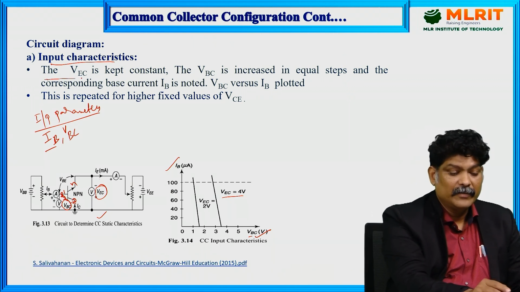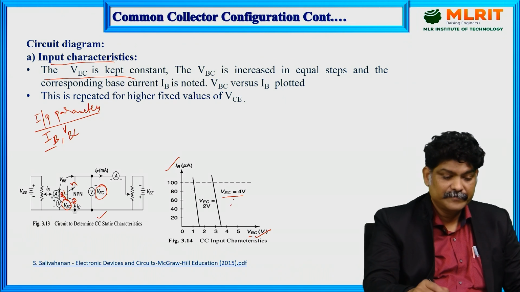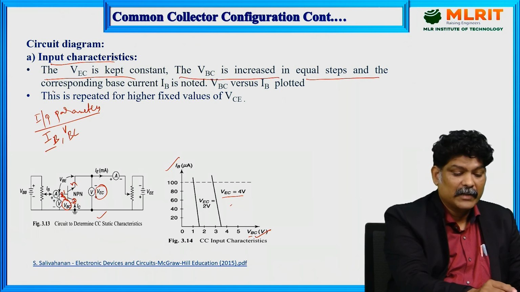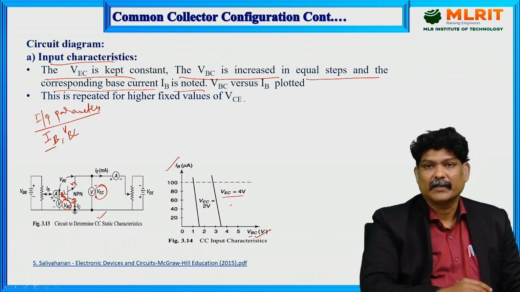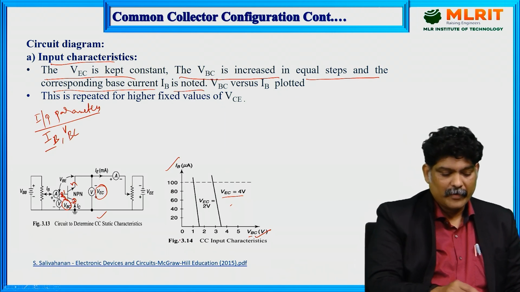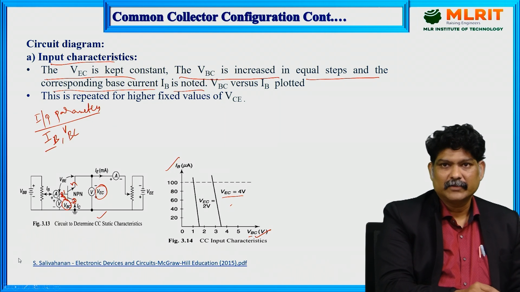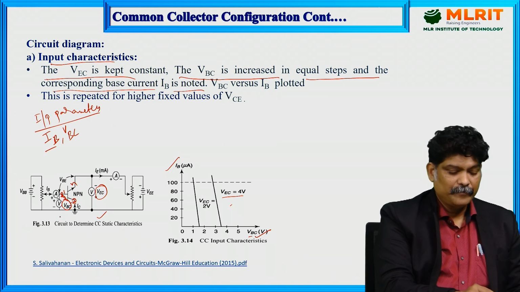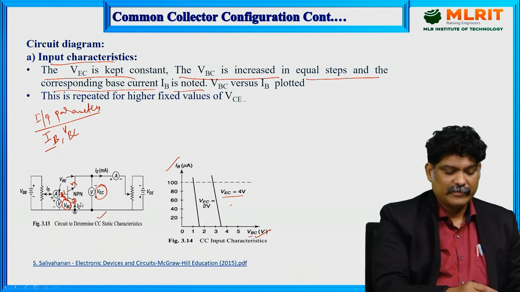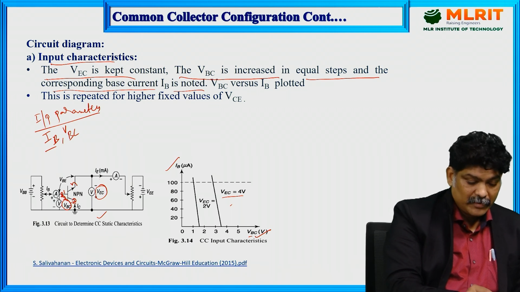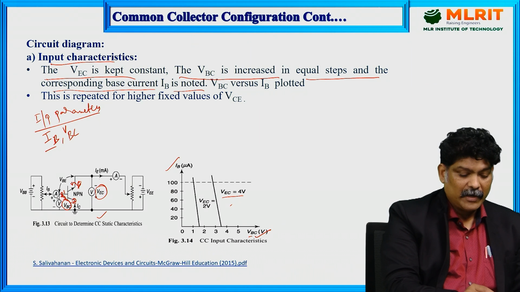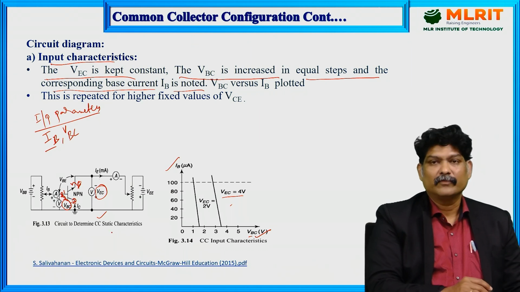So here VEC is kept constant and VBC is increased in equal steps, and the corresponding base current IB is noted. IB is noted here because it is the input side. We have applied forward bias on the input side and reverse bias on the output side, because if you observe, this is P type and N type semiconducting material connected to the negative and positive of the battery.